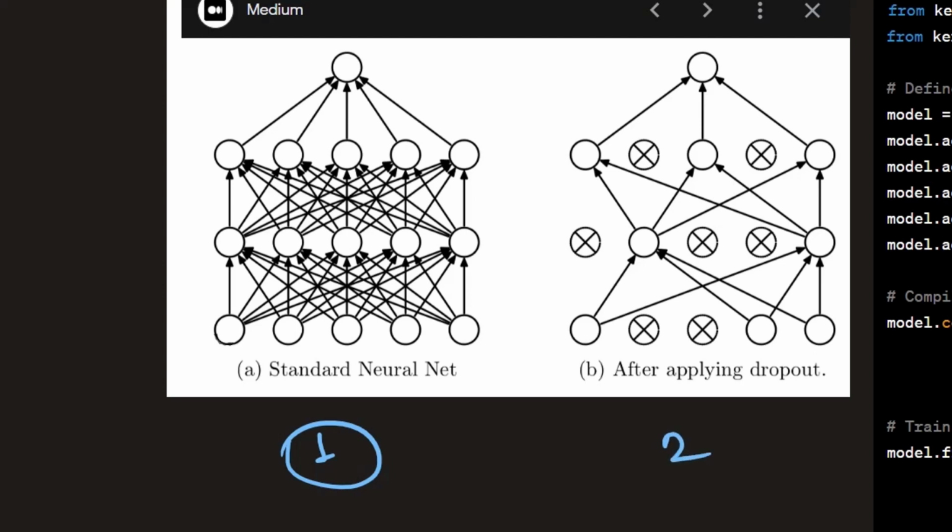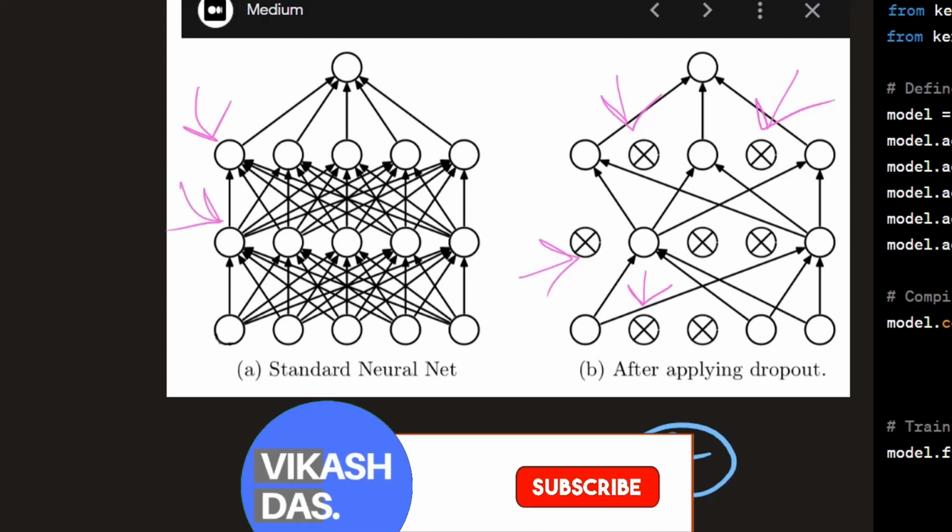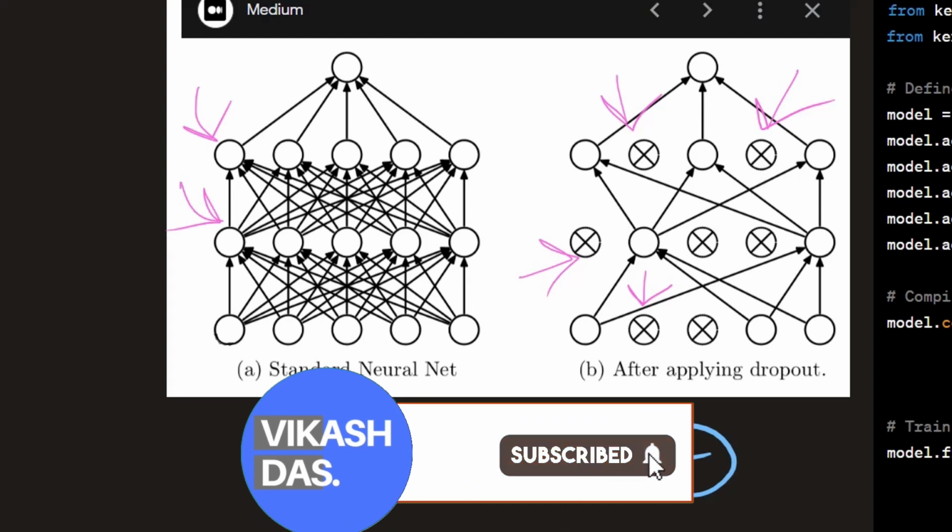But on the other hand, if you pay attention to the second image, lots of neurons or perceptrons have been deactivated, as you can see here. This is a very effective method to tackle overfitting, because this technique prevents the network from relying too much on the perceptrons of each and every layer and encourages the model to learn more robust features.